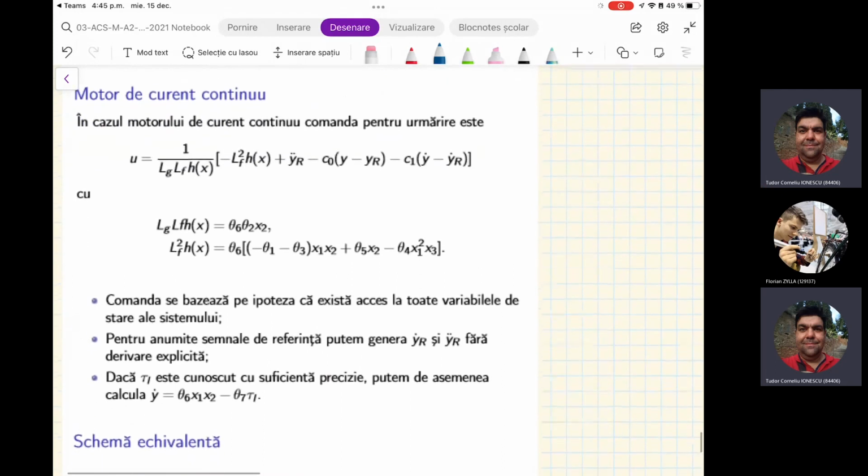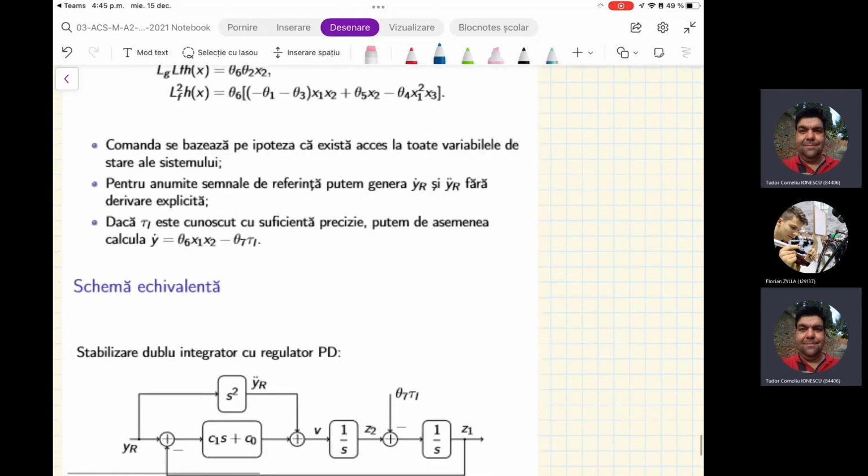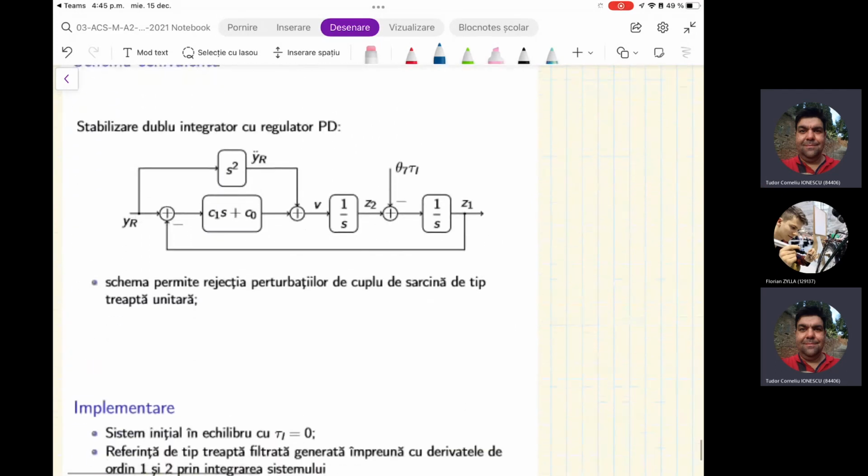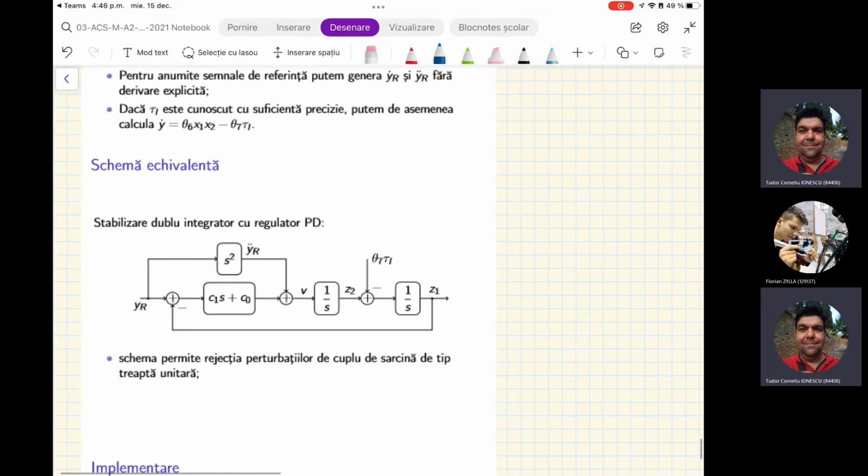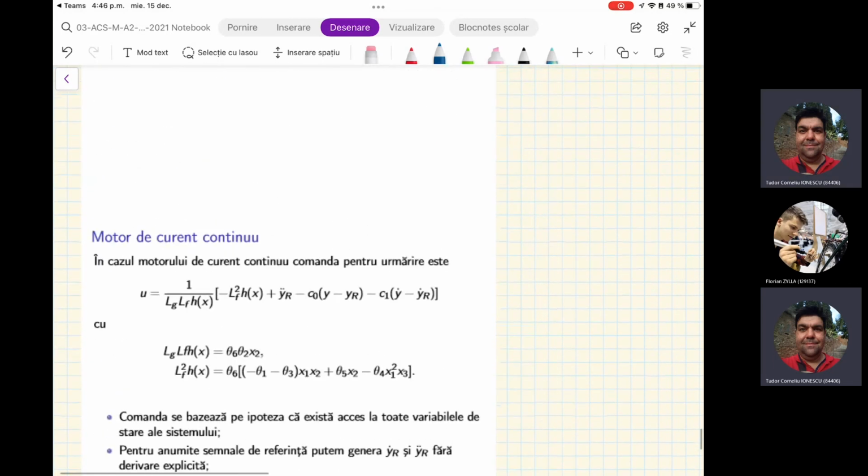And here, all of this is applied to a DC motor, and it shows you a PD, a proportional derivative controller. Okay, so DC motor control application.